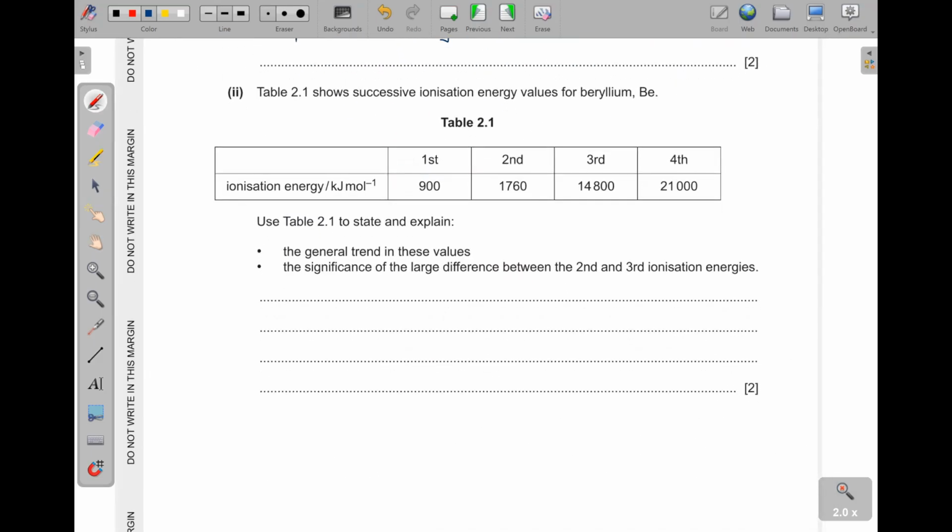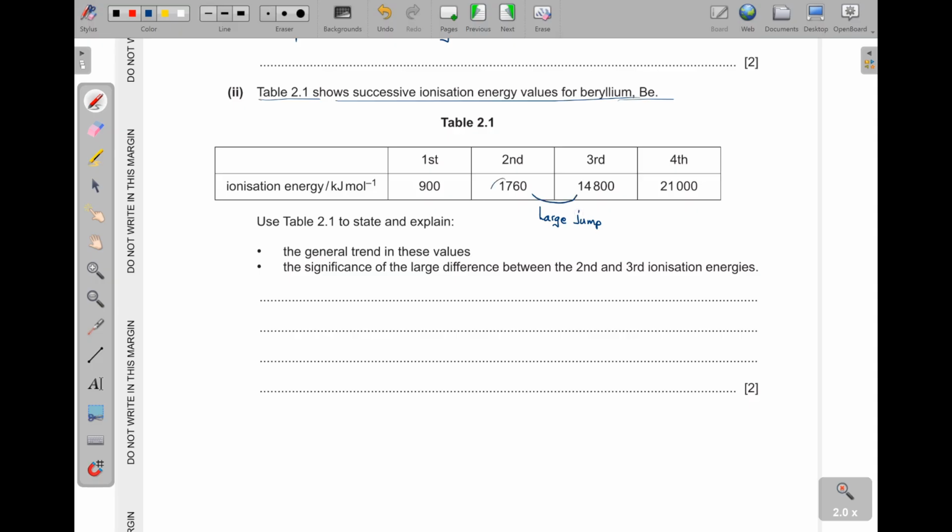Then Roman 2, table 2.1 shows successive ionization energy values for beryllium. Here you see 900 and 1760. Then this is 14,000. So this is a large jump from here to here.